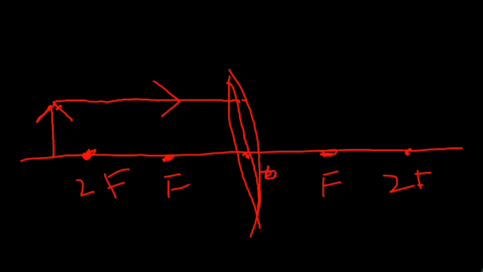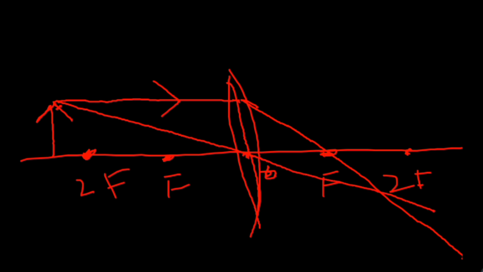The emergent ray will move straight and pass through the point F. Now we will draw a second line which will also start from the top of the object and move straight, passing through the point O. Both the rays meet at a point and form the image.